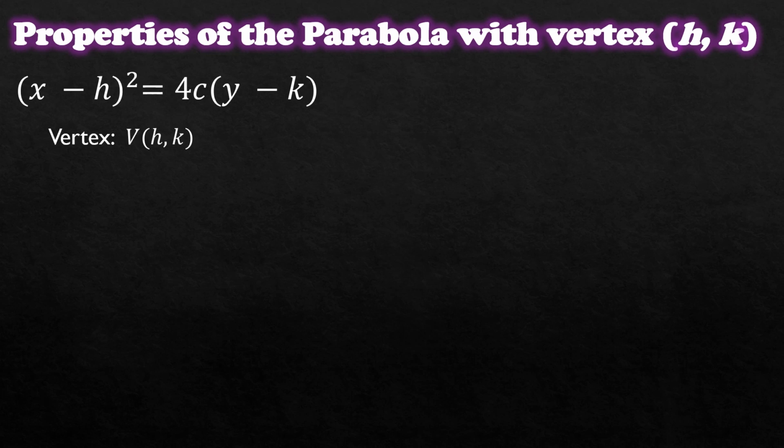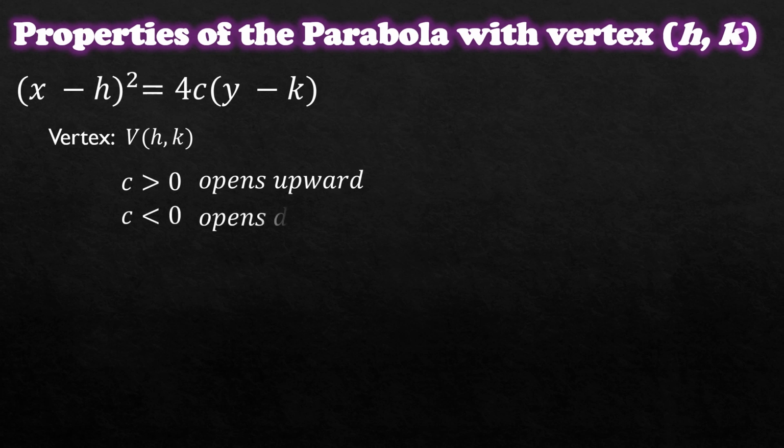Let us have the properties of the parabola with vertex at (h, k). For the parabola with equation x minus h squared equals 4c times the quantity y minus k, the vertex is at (h, k). If c is positive, the parabola opens upward, and if c is negative, the parabola opens downward.